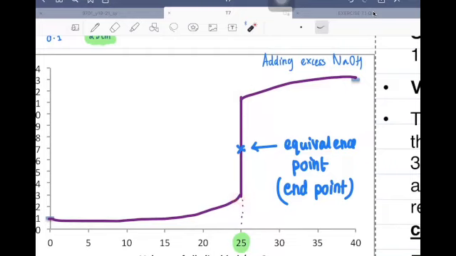So your aim is to actually be at this equivalence point or endpoint. You don't want to miss it. If you have excess, then you're already way past the neutralization reaction. It's already after neutralization.